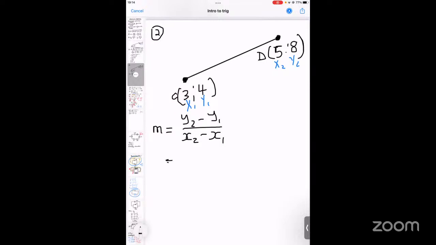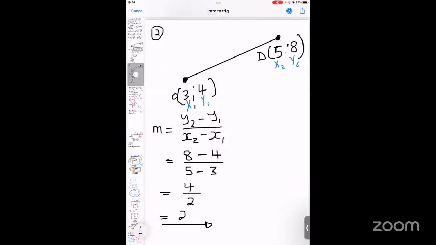So now you just need to substitute. You have your 8 minus your y1 being 4, over x2 being 5 minus your x1 being 3. 8 minus 4 is 4, over 5 minus 3, that is 2, and 4 divided by 2 is 2.